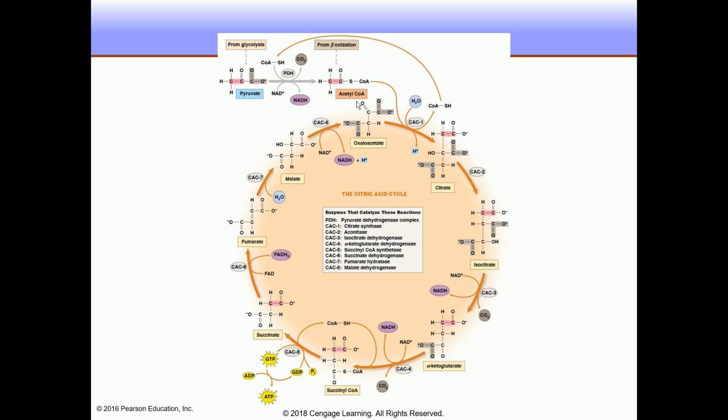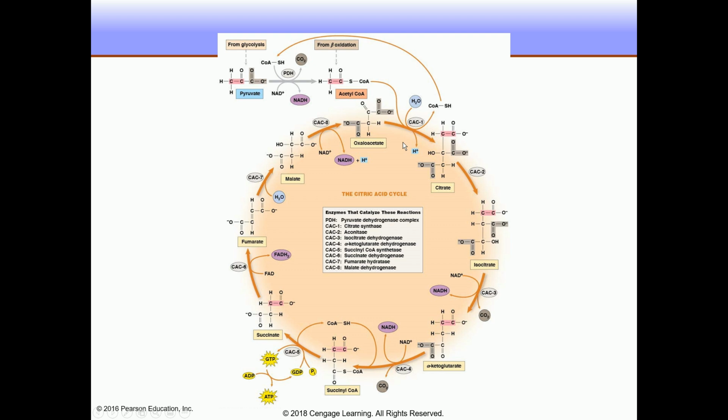So from 2 pyruvates, 2 acetyl coenzyme A are formed, but one acetyl coenzyme A enters into this cycle one at a time. So acetyl coenzyme A combines with oxaloacetate one at a time. So this cycle has to be operated 2 times.